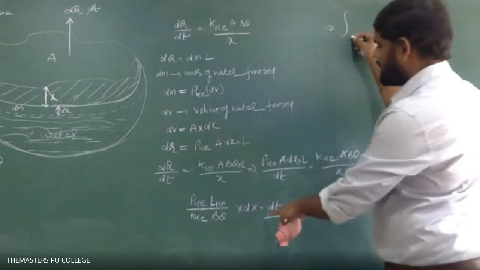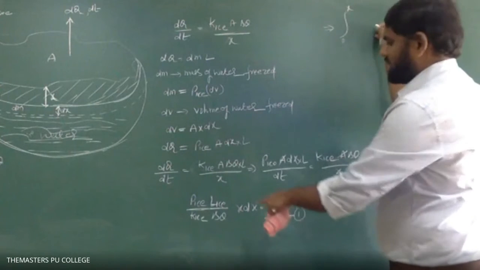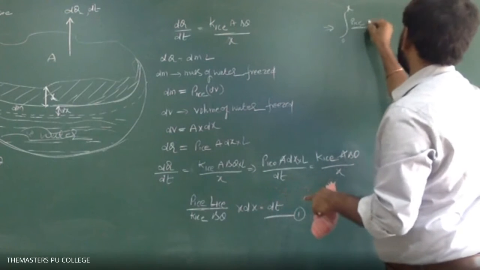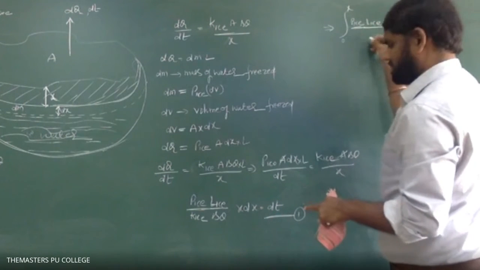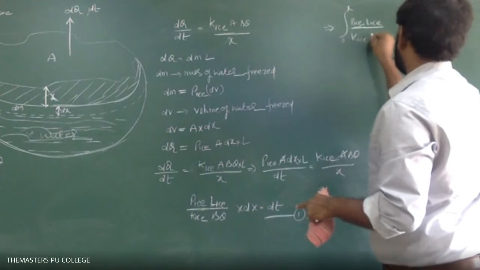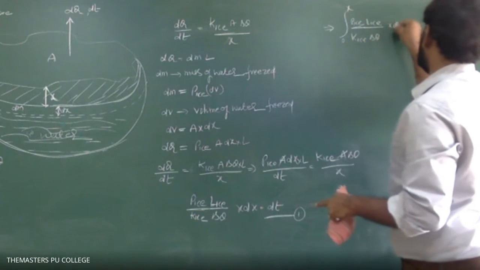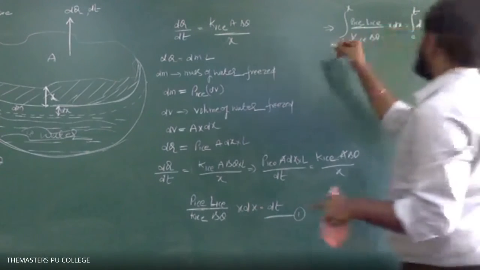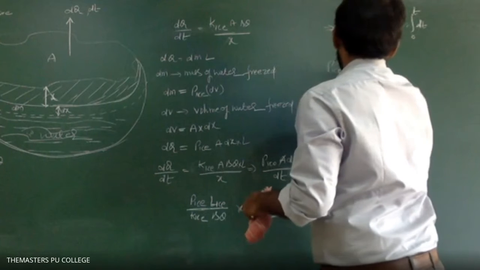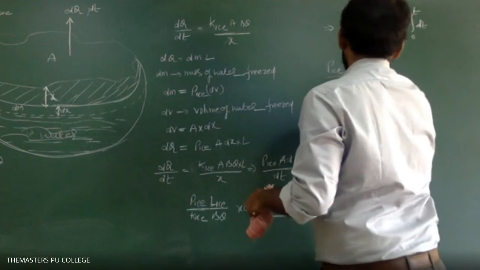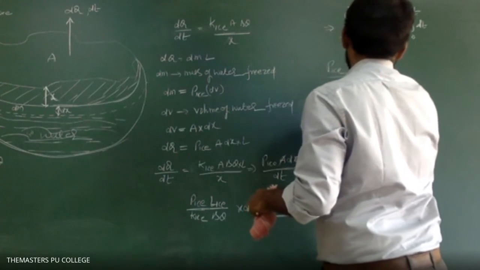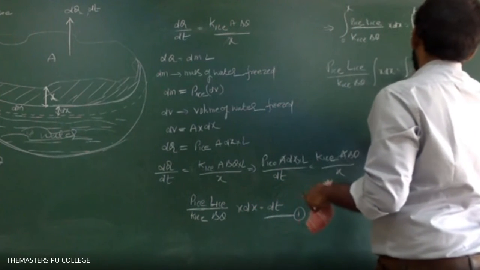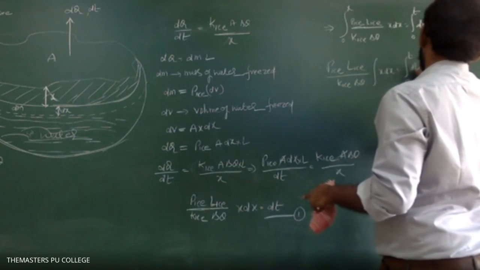So integral 0 to x of density of ice times latent heat of ice divided by k of ice into delta theta, x dx, equals integral 0 to t dt. Constants we can write outside. Integral x dx equals integral 0 to t dt.